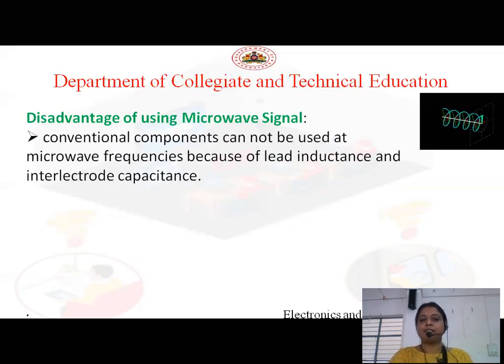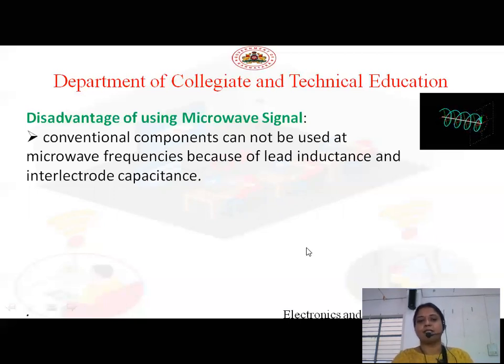And conventional components cannot be used at microwave frequencies because of their lead inductance and inter-electrode capacitance. Conventional components means what? Our electronic conventional components like transistors, op-amps, diodes, resistors, all those things we cannot use in the microwave signal range because of lead inductance and inter-electrode capacitance. We will study this also. What is this problem?